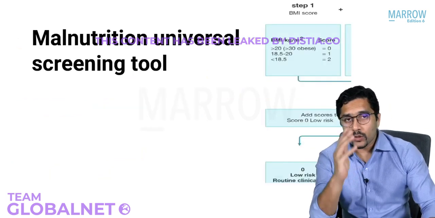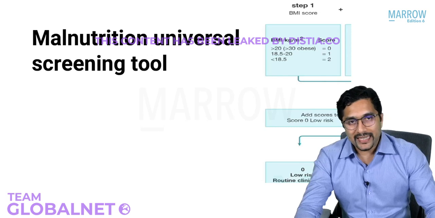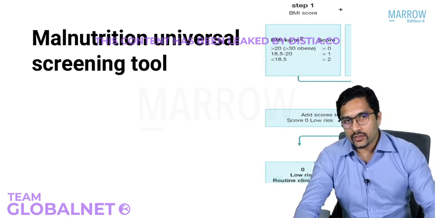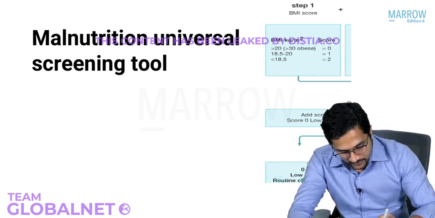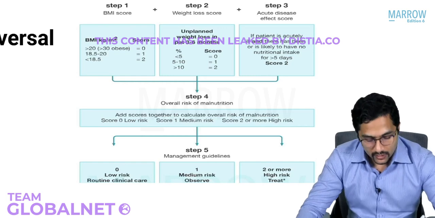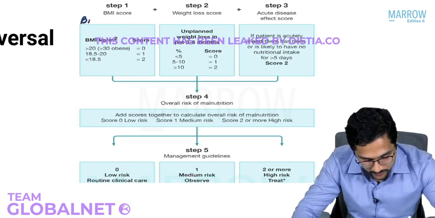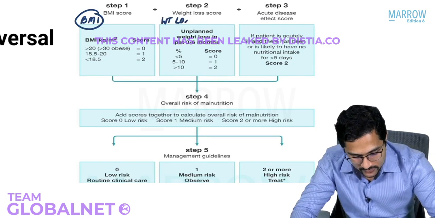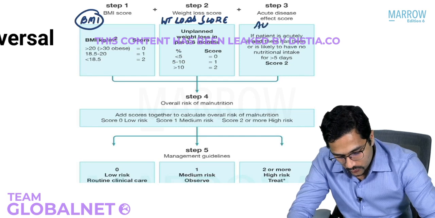There is another tool which has been mentioned in both Bailey and the latest Sebastian, and this is known as the Malnutrition Universal Screening Tool. The Malnutrition Universal Screening Tool takes into account the body mass index, the BMI. It takes into account weight loss score, and it takes into account the acute disease effect score.